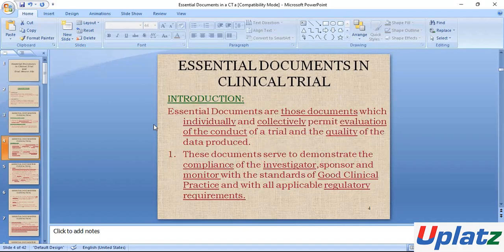Essential documents are those documents which individually and collectively permit the evaluation of conduct of trial. These documents serve to demonstrate the compliance of investigator, sponsor, and monitor with the standards of GCP and with all applicable regulatory requirements.